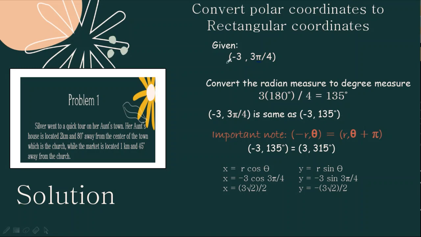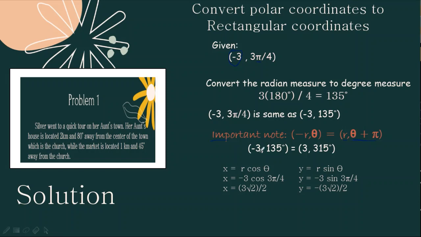Now, as you can see, our radius here is negative. So an important note is, if the radius is negative, we get the absolute value of that, and to our polar angle we add another 180 degrees.